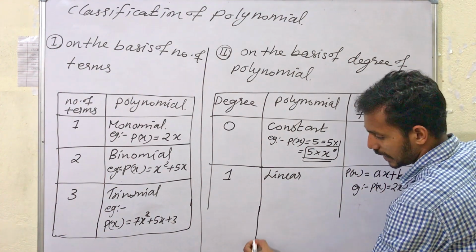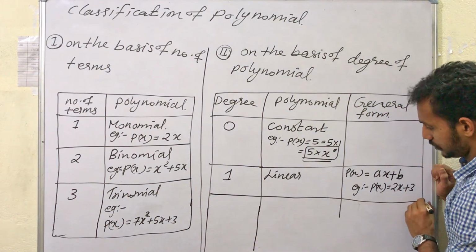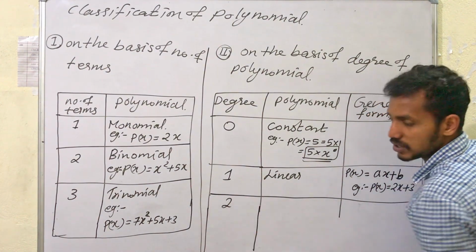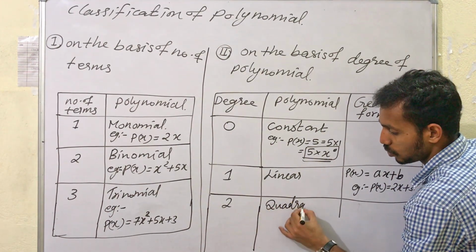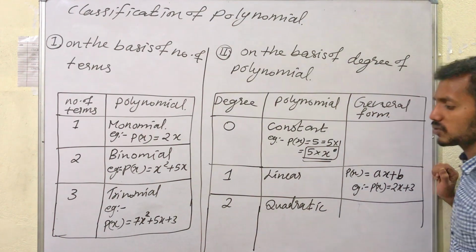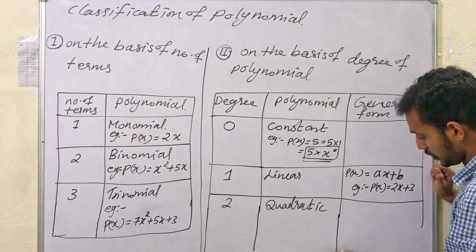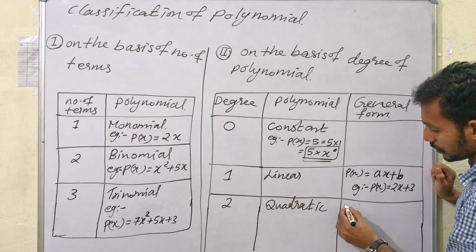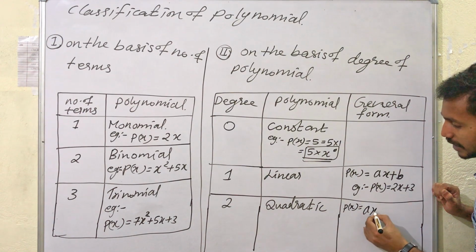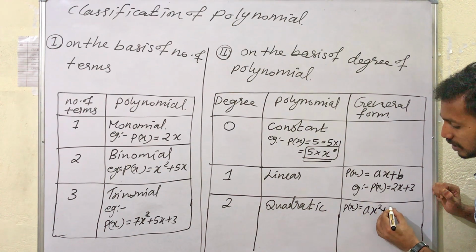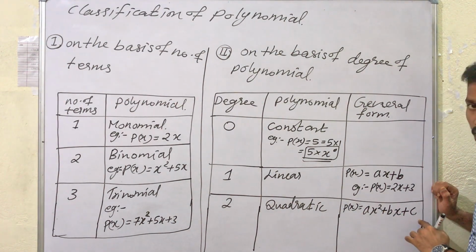Now the third category, that is if the degree is 2. If the degree of a polynomial is 2, that is called a quadratic polynomial. It is a very important polynomial. So what will be the general form? The general form will be p of x equal to a x square plus b x plus c, that is the last constant term.